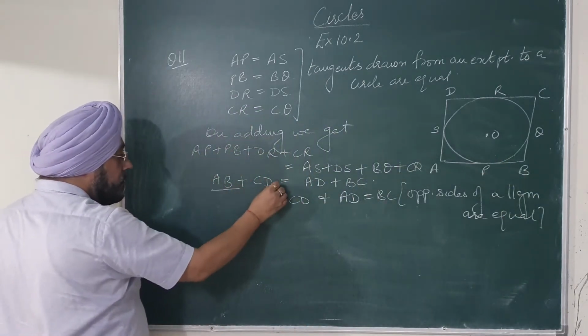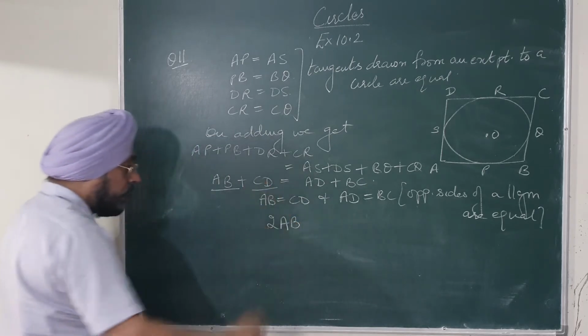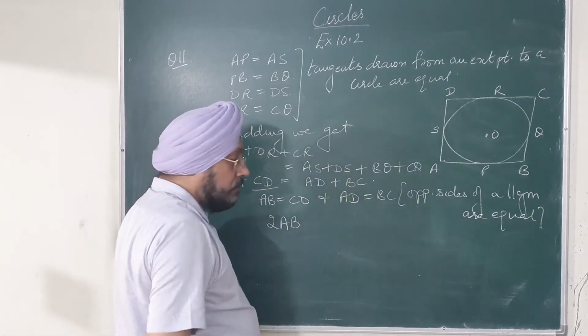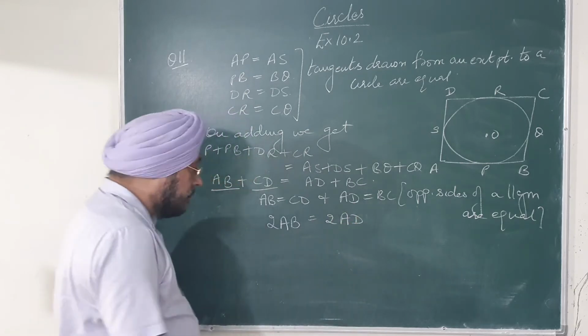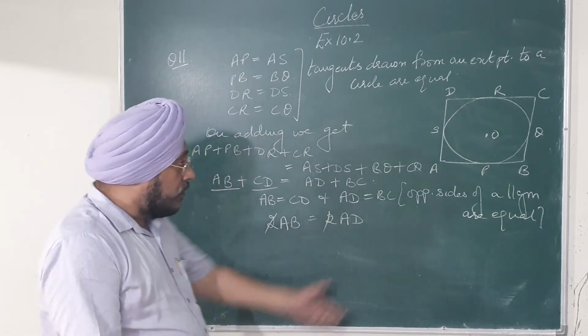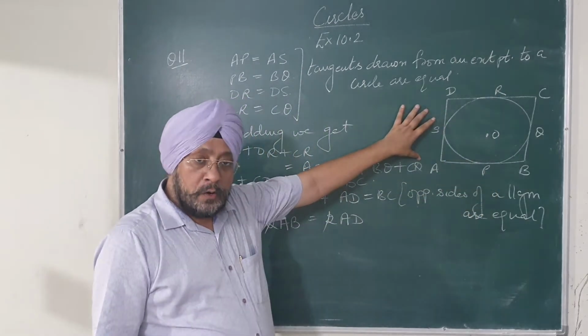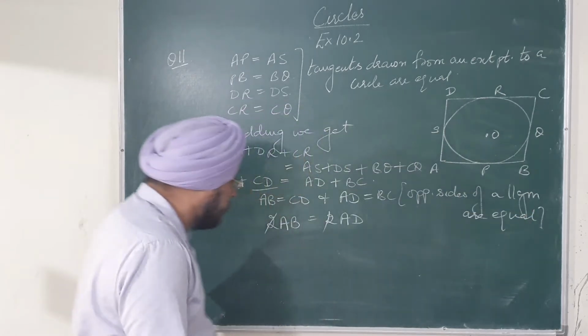If AB and CD are equal, can I write AB plus CD as twice AB? Similarly, if AD and BC are equal, that becomes twice AD. So we can cancel this two. Now we can clearly see that the adjacent sides of the parallelogram are equal. So ABCD must be a rhombus.